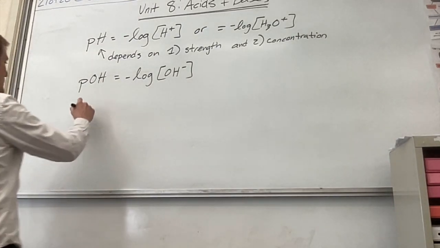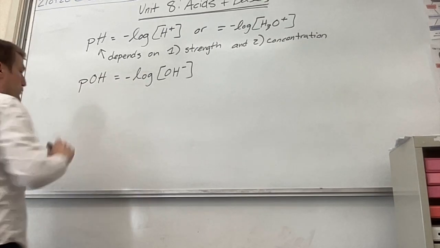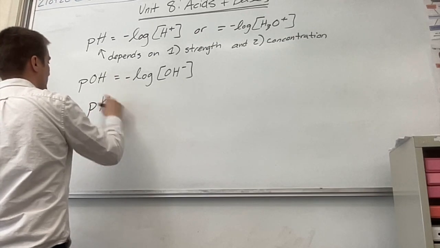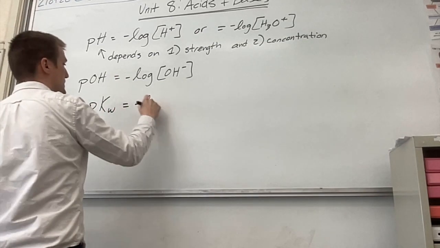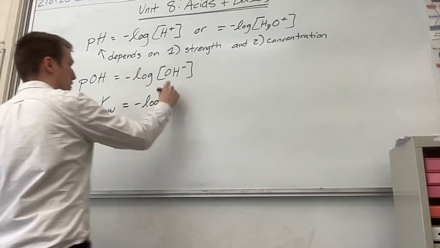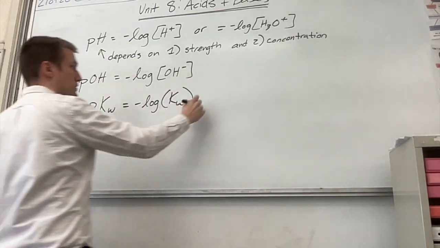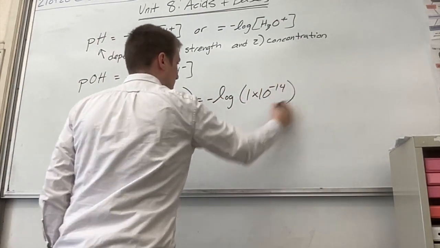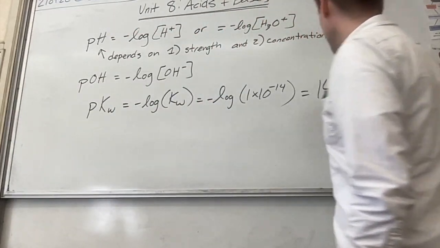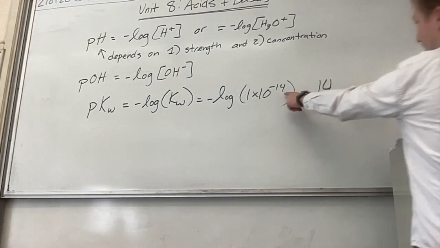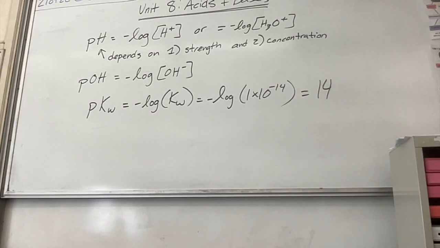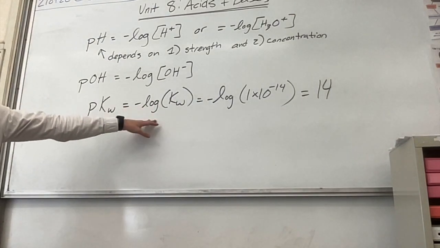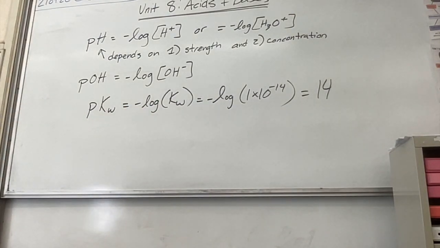So for example, for water, the pKw of the water constant is the negative log of Kw, which was 1 times 10 to the minus 14. So that equals 14. You take the power of 10, flip the negative sign, so it's positive. The pKw is 14, again at 25 degrees C. It's going to be different at different temperatures.